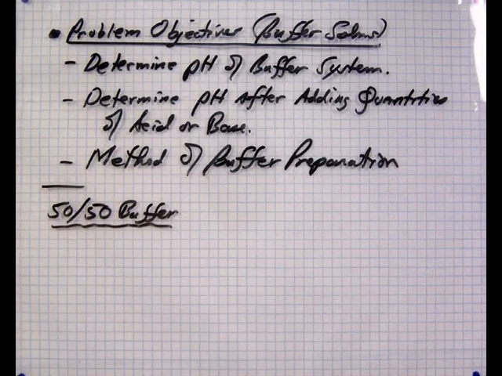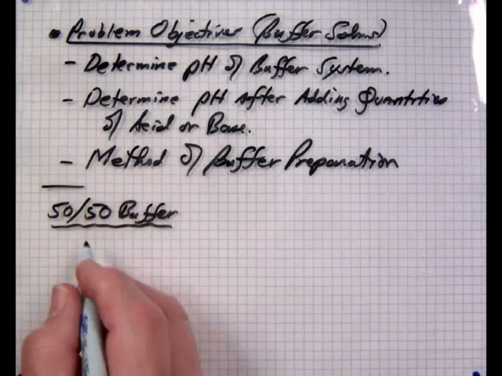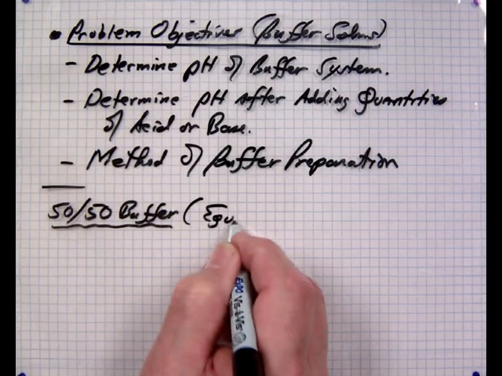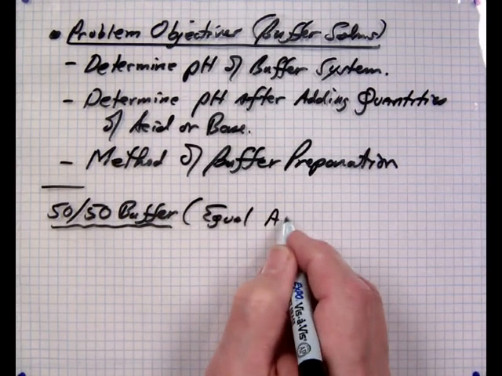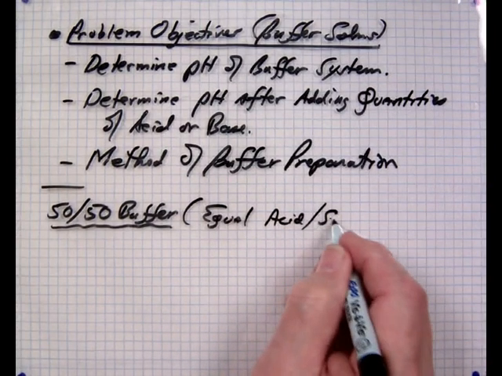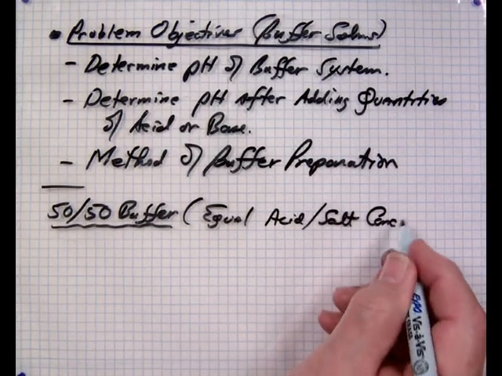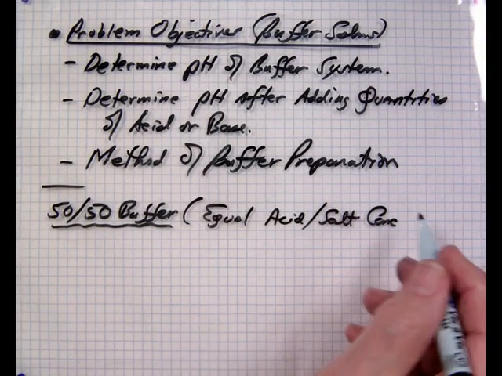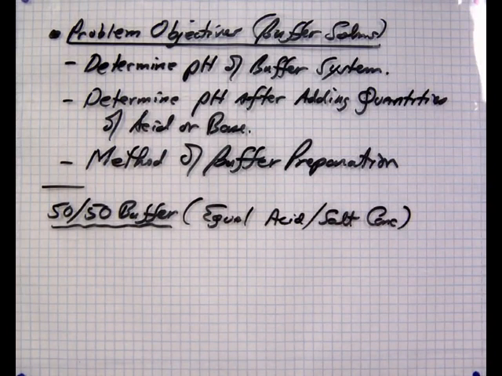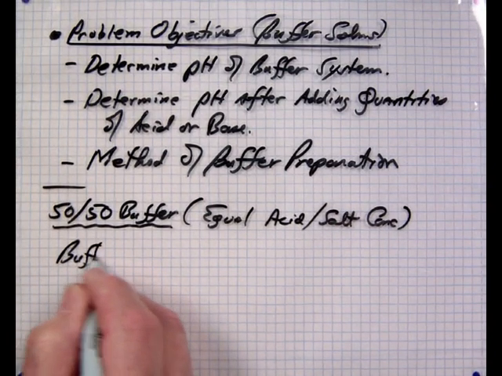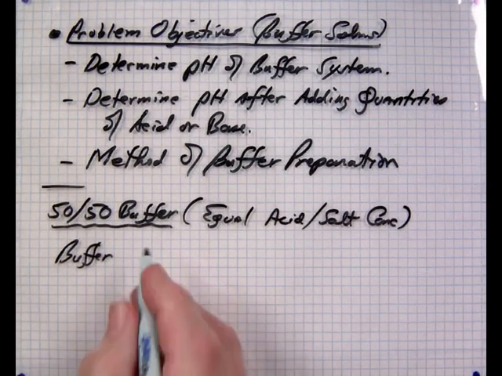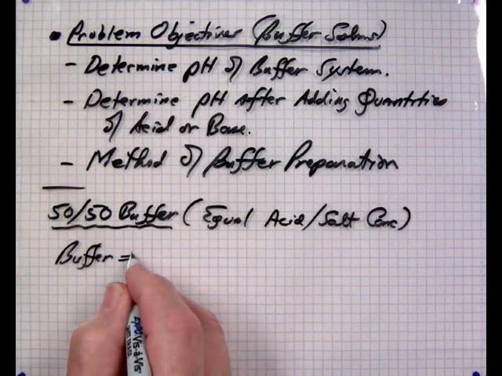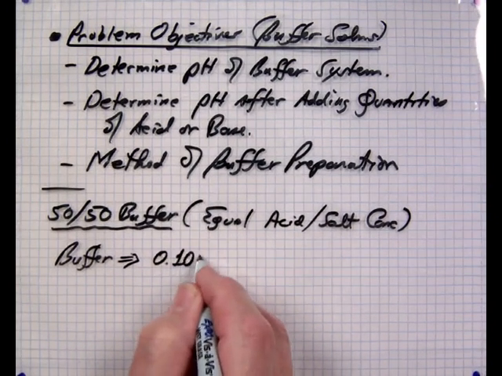Essentially, it is a system whereby the acid concentration and the salt concentration are equal, or the base concentration is equal to the salt concentration. We're going to use acetic acid.